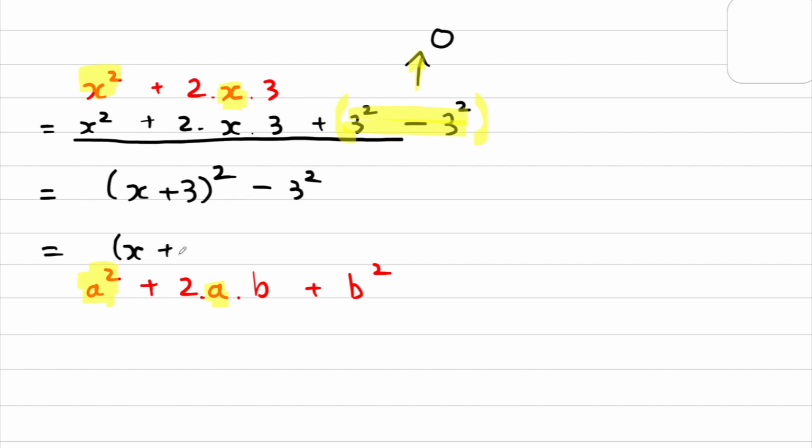That's why the new form, or the final form, is x plus 3 squared minus 9. That's the same thing as this one. After a 3-term expression, you get a perfect square, a plus b squared. Okay, that is the first example about completing the square with the basic form.